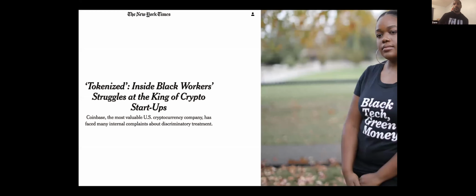We're also in a world where psychological safety is not being practiced everywhere the way we would like to see it. This is an article from the New York Times in which they did a little exposé on Coinbase around the experience of Black workers and all of the frustration they went through, the racism and discrimination they went through.